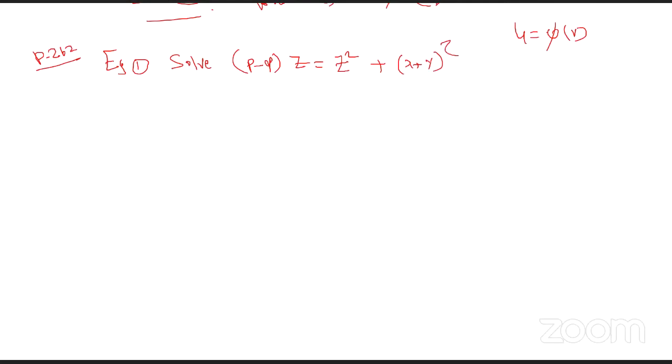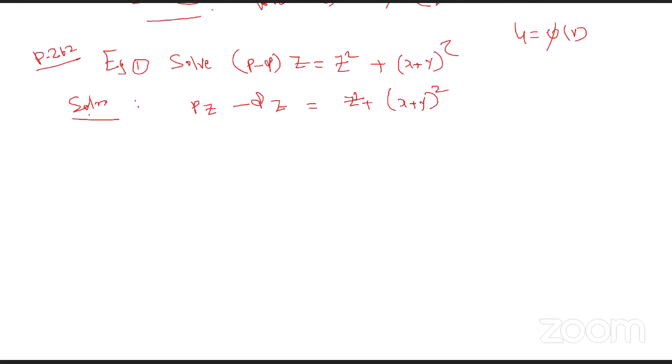Solution: the given equation can be written as pz minus qz equal to z square plus (x plus y) whole square.